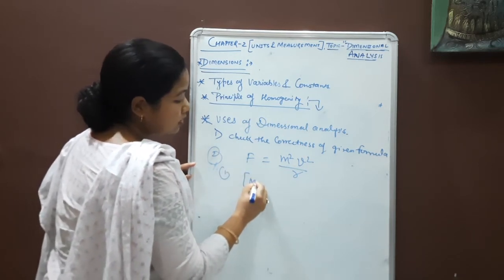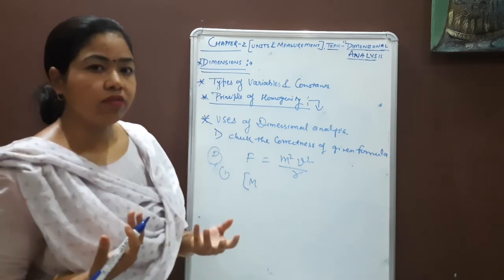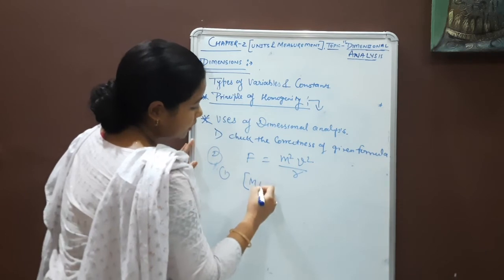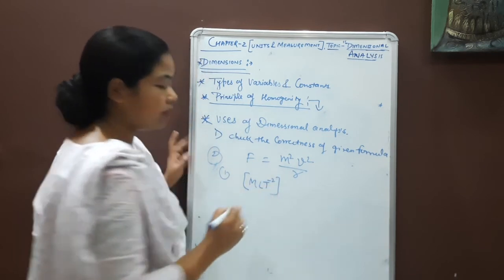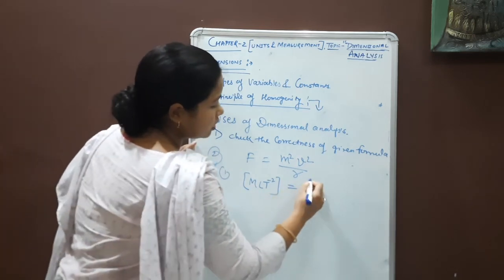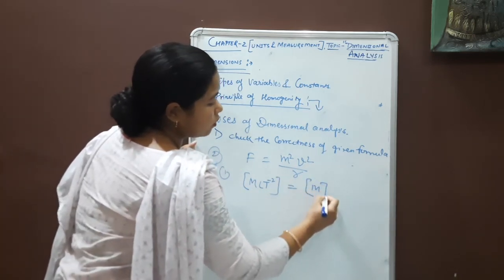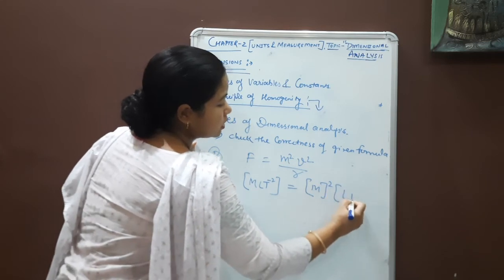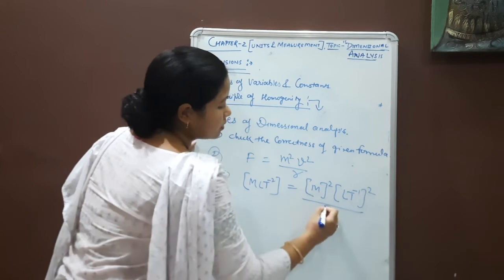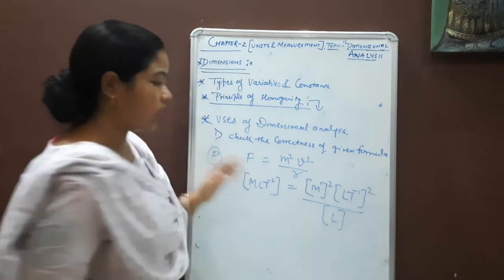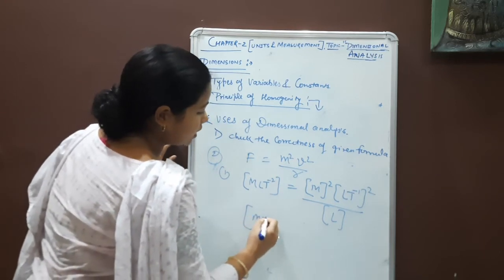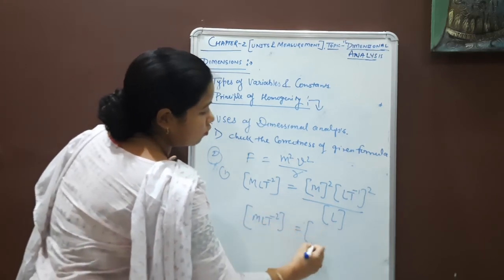Whenever you keep on calculating dimensional formulas, you can easily remember these formulas. So for the force, we have MLT^-2 equals, this is the mass, so we write M^2, and this is the velocity (LT^-1) whole power 2, and this is the radius, the type of length, so we write L. Now the left hand side has a single dimension, so we will solve the right side.